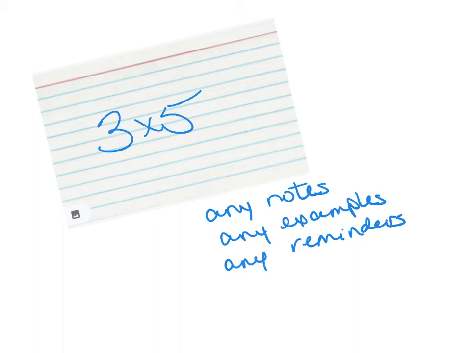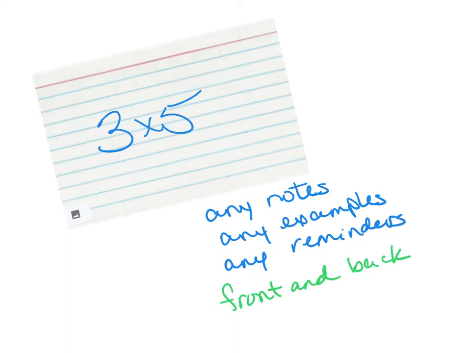I've had students remind themselves to slow down, remind themselves to show their work, remind themselves to label word problems. If you want to put an example from the practice test onto your note card, you most certainly can. You can write on the front and back. You can write as big or as small as you want to, but that is your one sheet of notes that you get to use on your test.